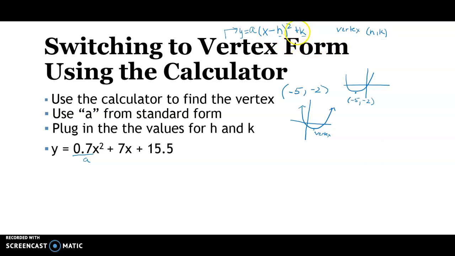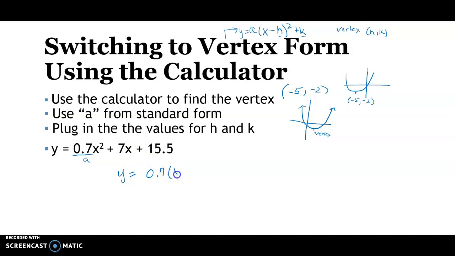Now k is the easy one because it is directly a match to the ordered pair. With h we have to be extremely careful because the formula has this negative here which is not included here, and so there is a sign change as we move from the formula to the h value. So to write my vertex form for this particular equation, I write y equals, I reuse the a value which is part of both formulas, so 0.7.